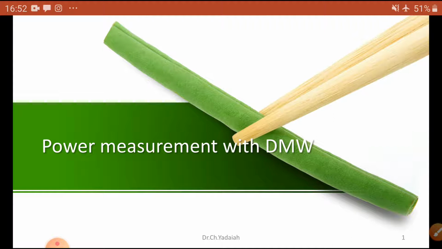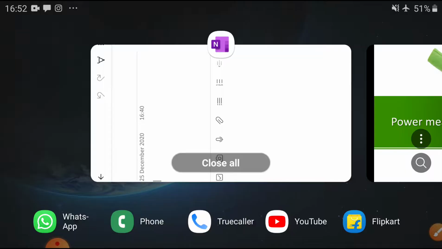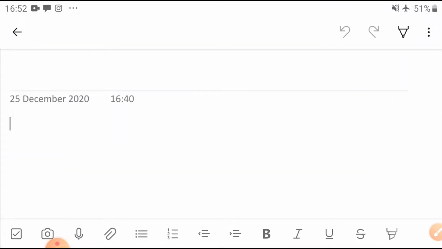Okay. How the wattmeter connections are made, we already saw in the last class. At a glance, you can see how we connect a single wattmeter to measure the power in a 3-phase circuit.